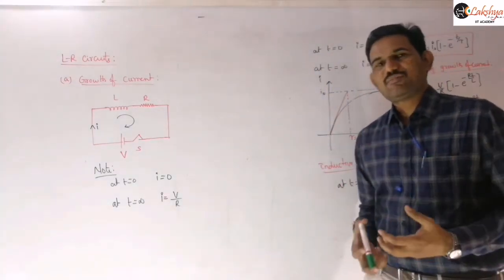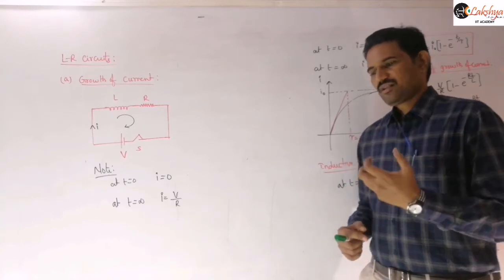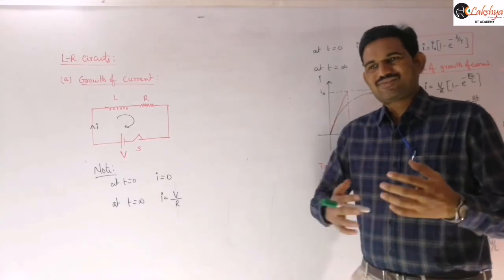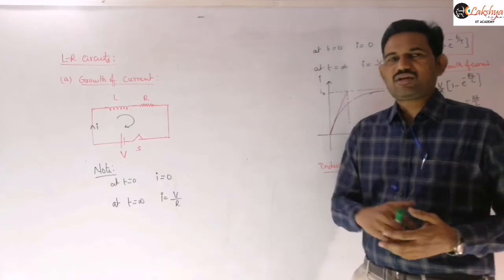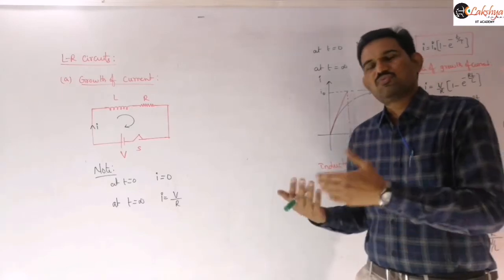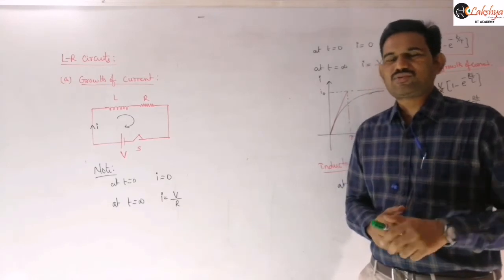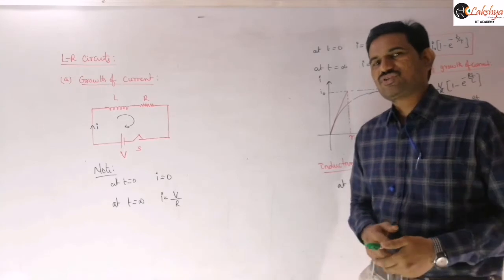Inertia means, in Newton's laws, in first year we discussed, the body by itself cannot change its state, or it will oppose the change in state. If you want to change the object from rest to motion or from motion to rest, there will be some opposition from that object. That is what we call inertia, the inability of a body to change its state.